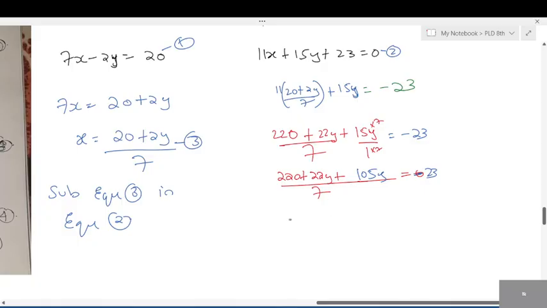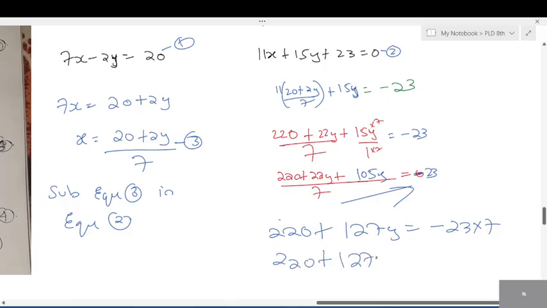Then 220 plus 22 into 7 is 127y is equal to... 7 goes to the other side. What do you get? Minus 23 into 7. So 220 plus 127y is equal to minus, 7 3s are 21, 7 2s are 14, 161. Is it correct? All of you got the same, right?